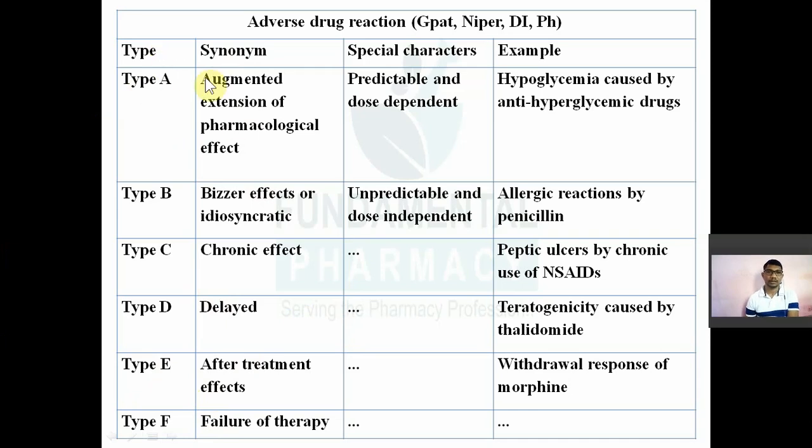Type A adverse drug reactions are nothing but the extension of pharmacological action. For example, hypoglycemia caused by oral hypoglycemic drugs.